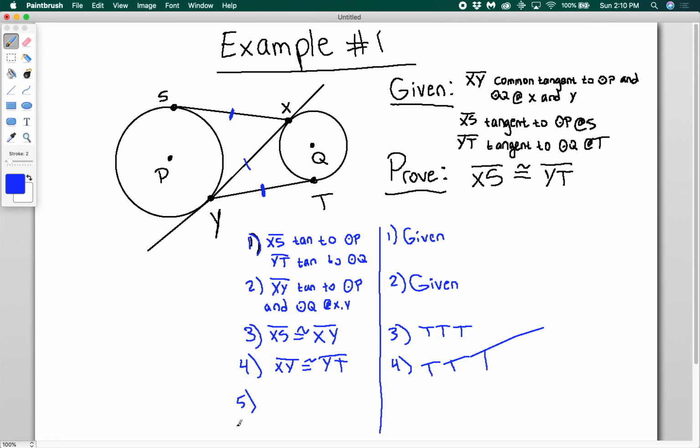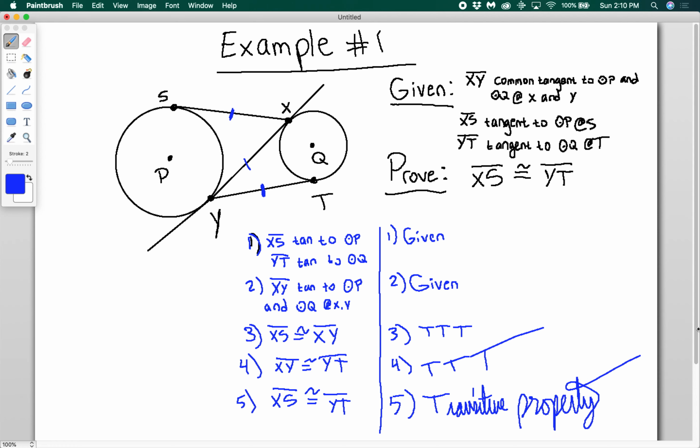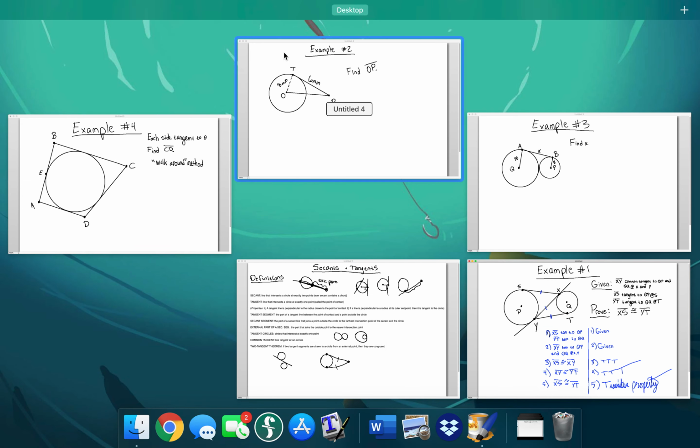And number 5, we can then say that XS is congruent to segment YT, which is what we wanted to prove, because of the transitive property. Okay, and we've proven it. We're done. So the two tangent theorem is very helpful in this situation.